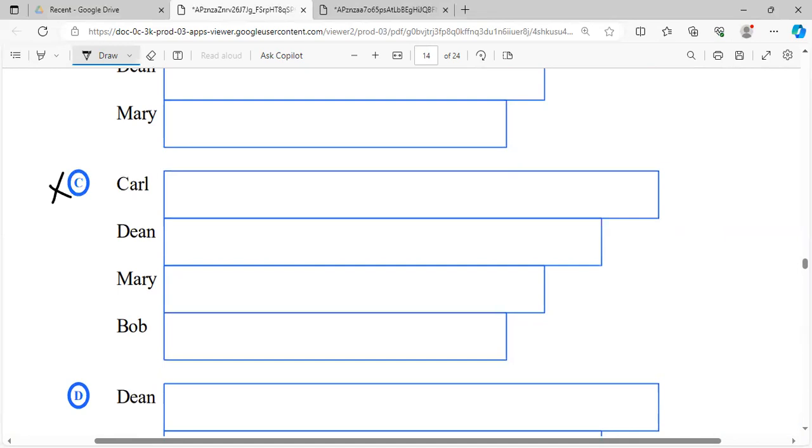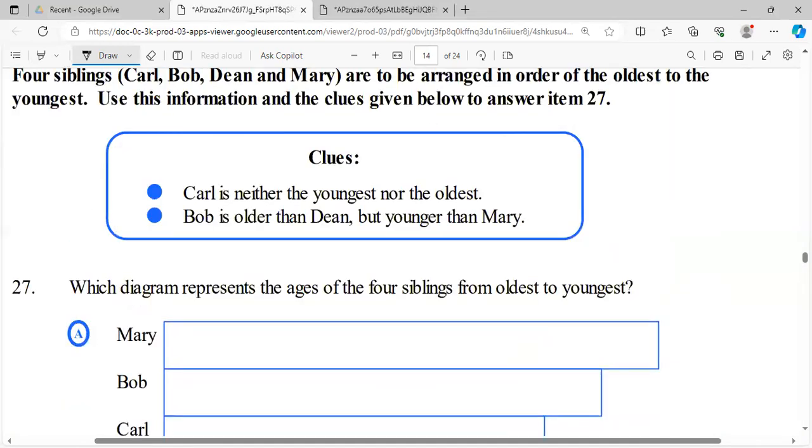Let's look at the next clue. Bob is older than Dean. Alright, let me see what they say first. We're supposed to arrange it from the oldest to the youngest. And it said Bob is older than Dean. So Bob must come first before Dean.